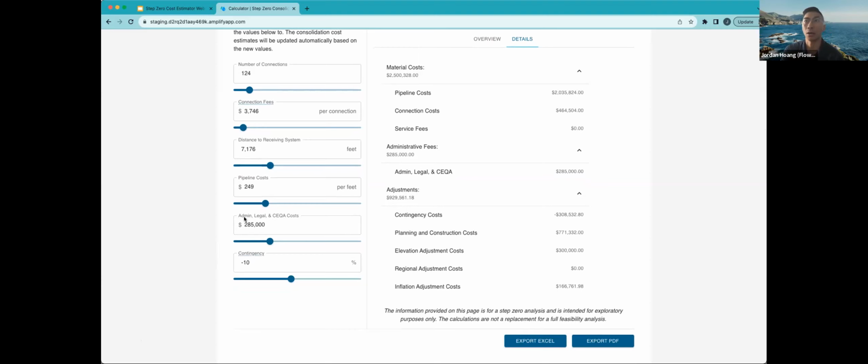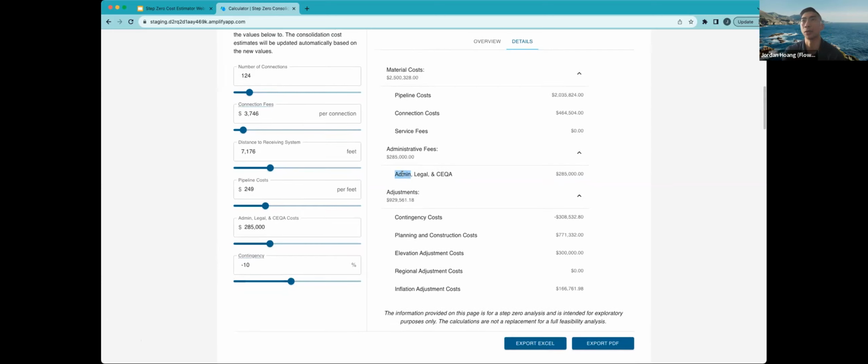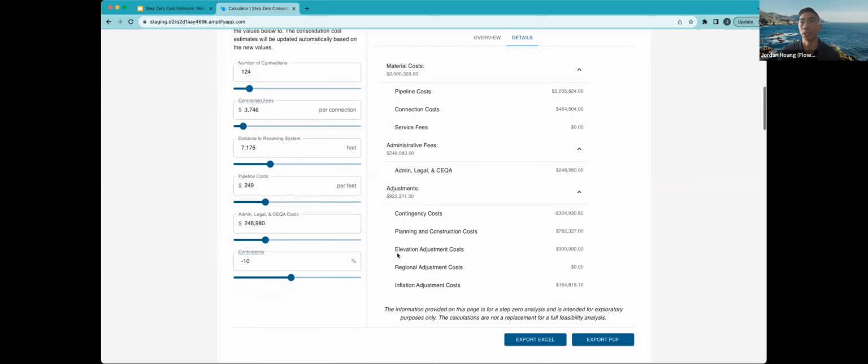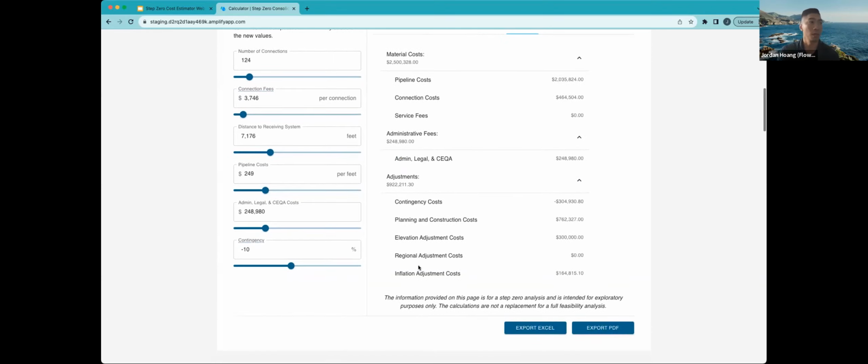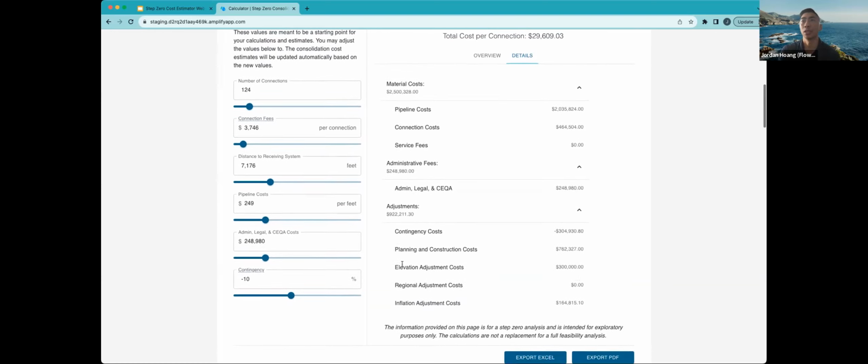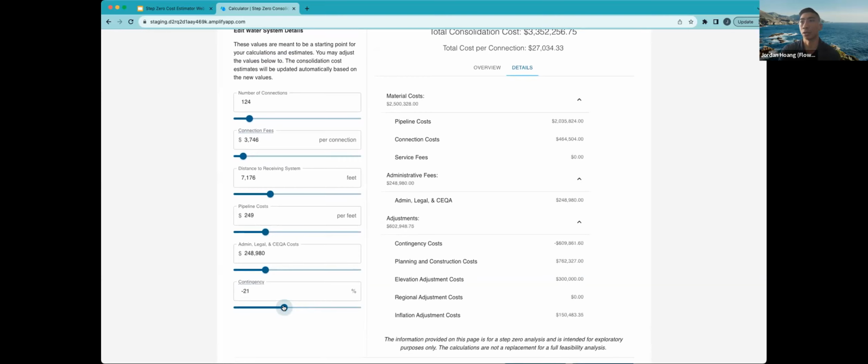Right now I'll have to look and see if it was included in either the admin cost or not, but if not, again, adjustable if needed. And then we're doing the planning and construction, elevation costs, if that receiving water system is relevant, regional, and inflation. So that's where these costs are coming from.